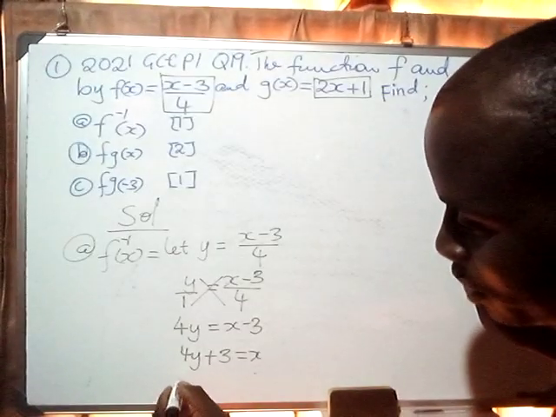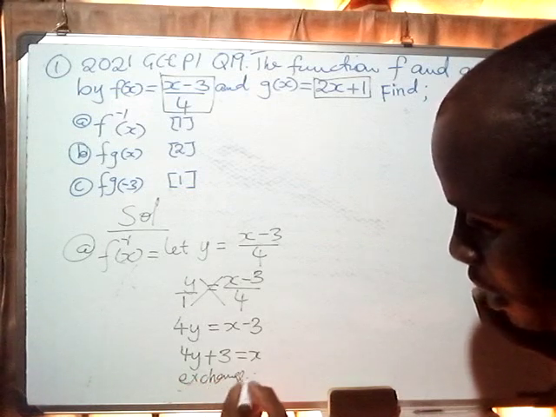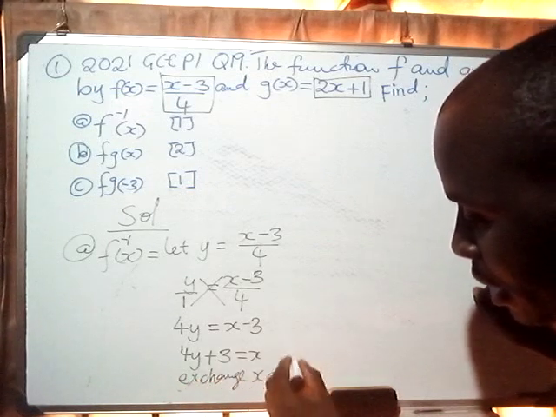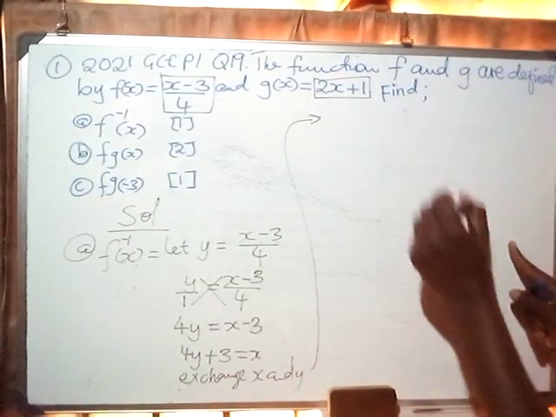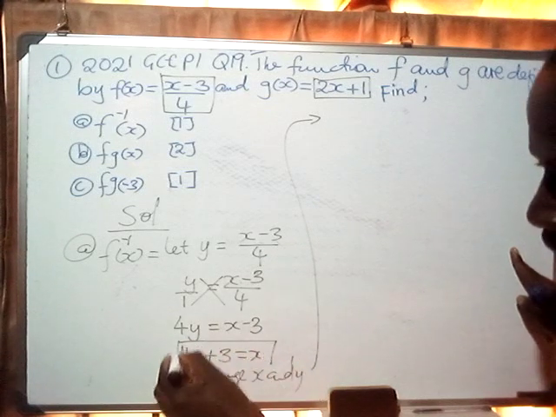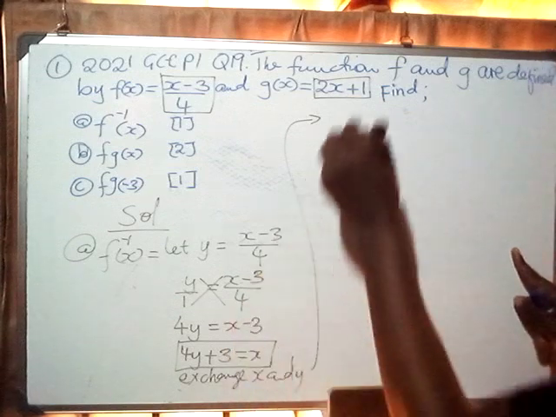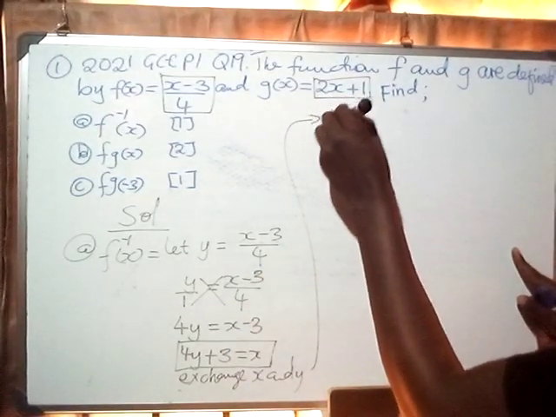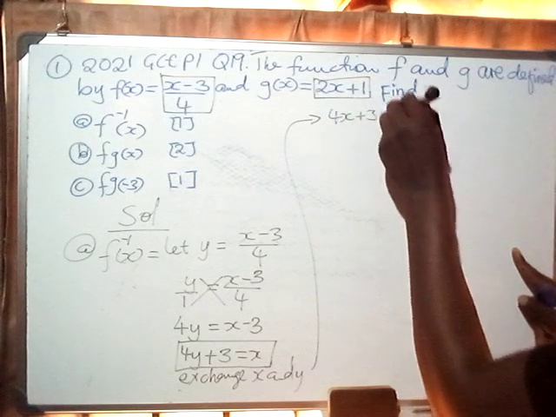So now we are going to exchange x and y. Where there's x, we are going to put a y. Where there's y, we are going to put x. So it will be 4x plus 3 is equal to y.